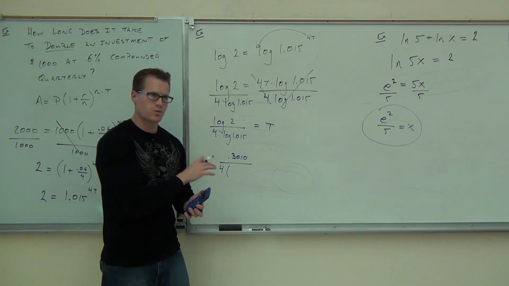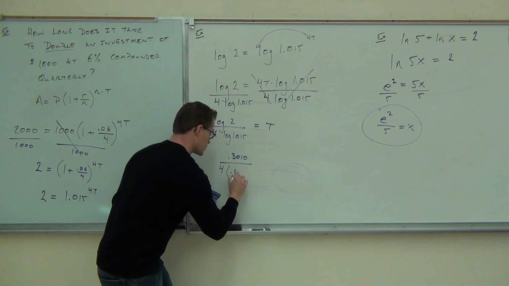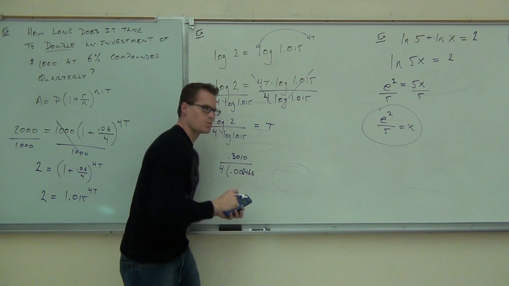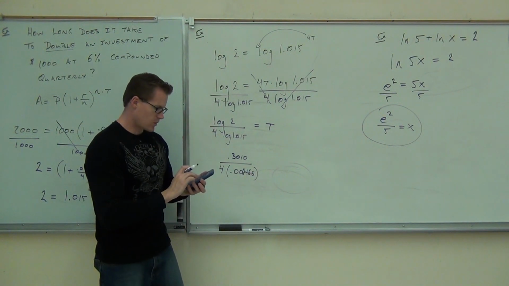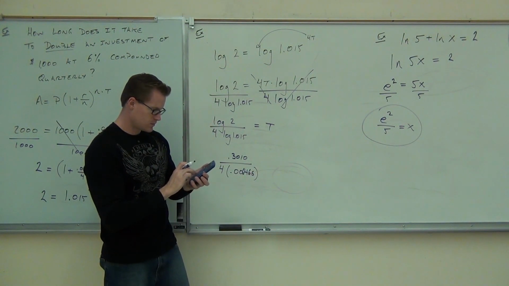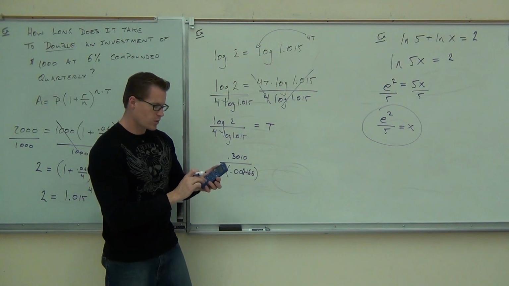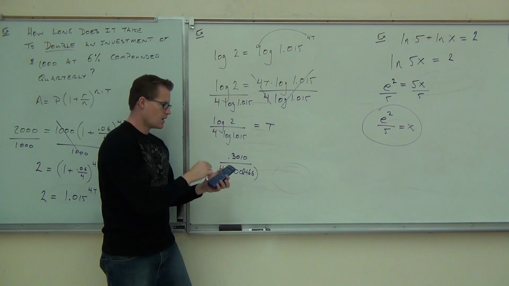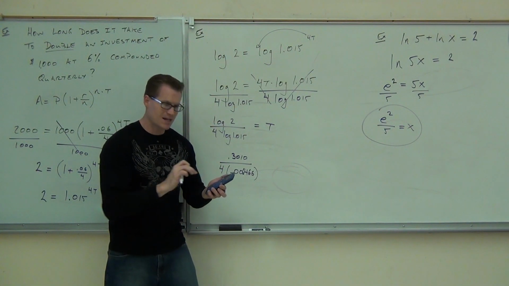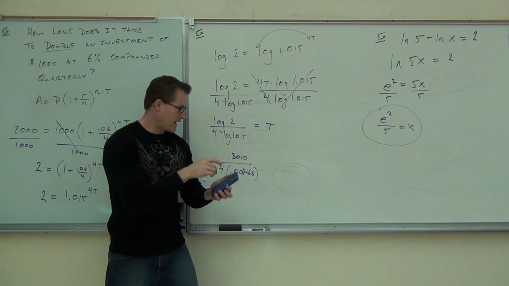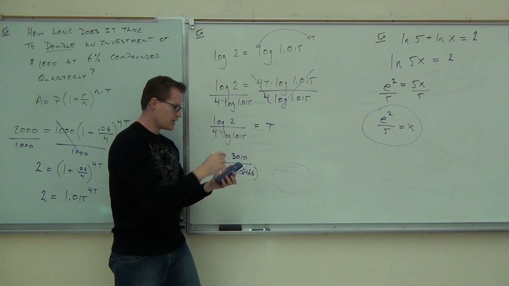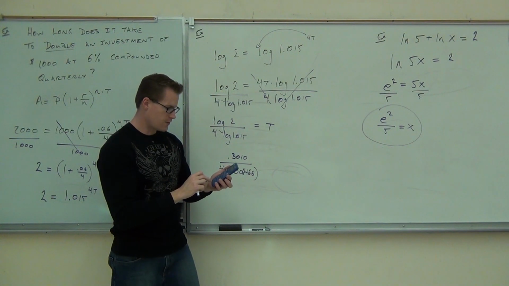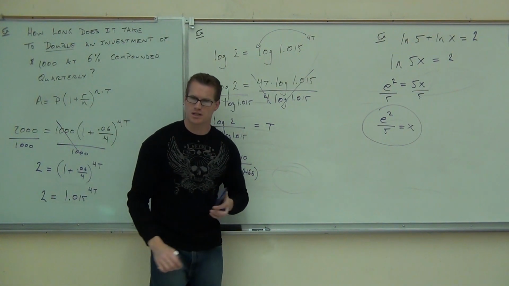Now, unfortunately, you shouldn't really round those numbers because you're going to be way off on your number of years if you do, because you're dealing with really small numbers here. So in order to do this the right way, I'm going to do log of 2, and press enter. Then I'm going to divide by 4, and press enter. That's this part right here. Whatever number you get, you divide again by log of 1.015. Remember, this is divide and divide. What I got out of that is 11.64.